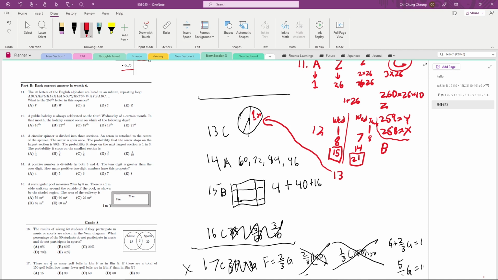The probability it stops in the next largest section is 1 in 3. 1 in 3 for probability, that's literally just 1/3. It's not a ratio, it's just probability. So this is 50%, like half, and then this is a third.